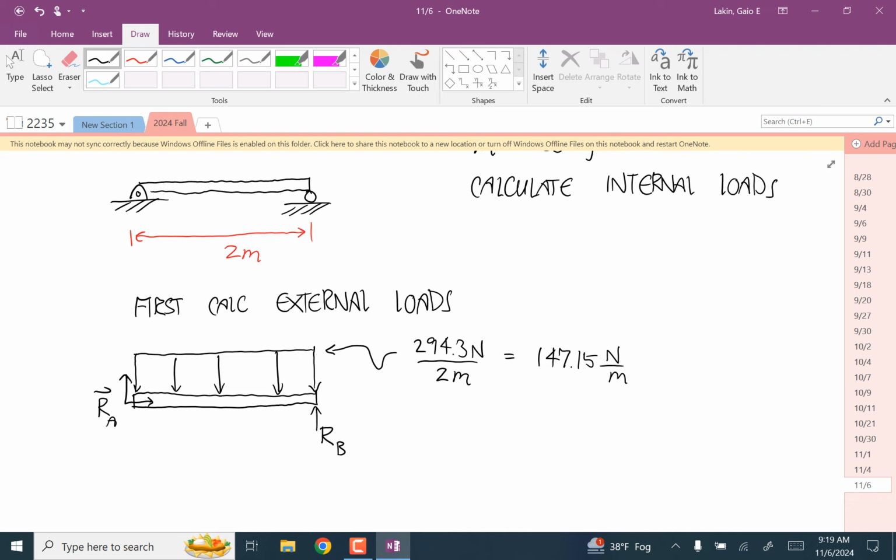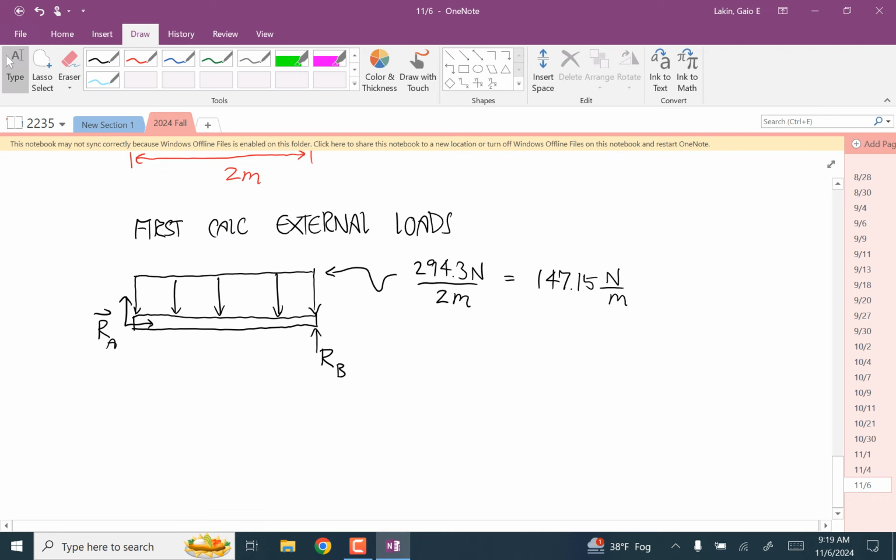Okay. Well, we've done external load calculations all the time, so we're used to just jumping right from the distributed load to the point force. And so now that we've chosen the body to isolate, I'm going to replace this distributed load with the equipollent point force.